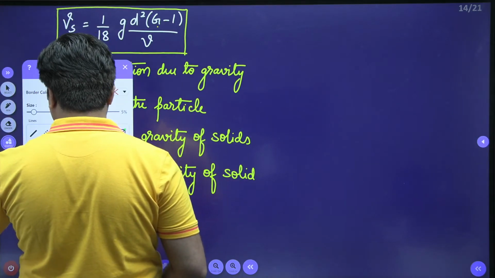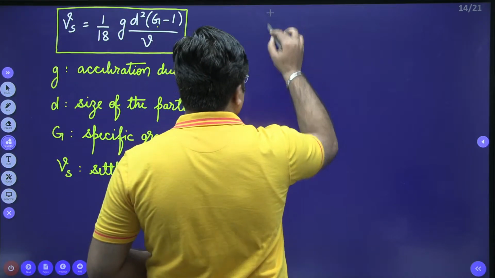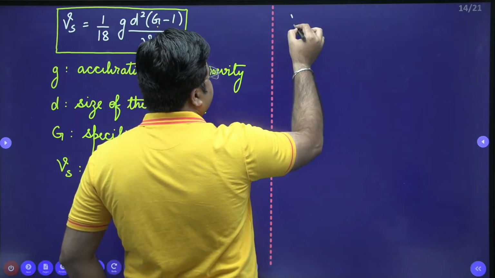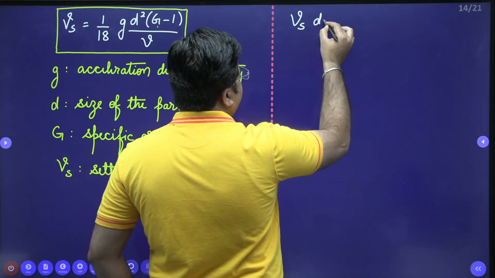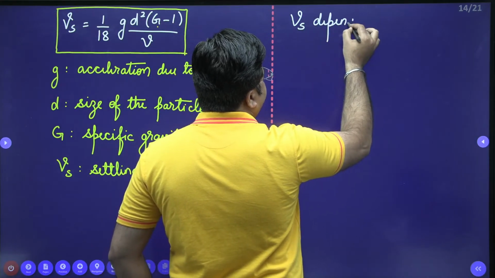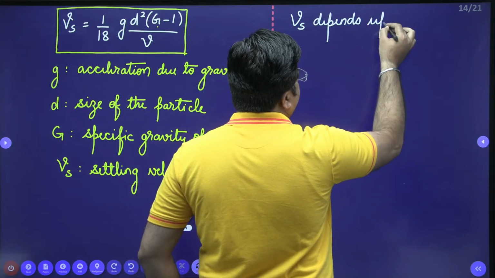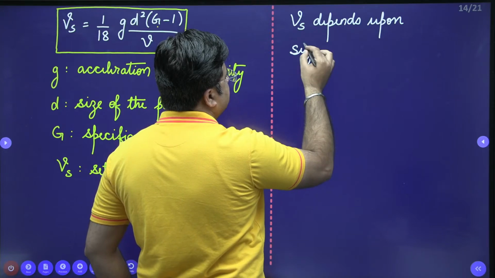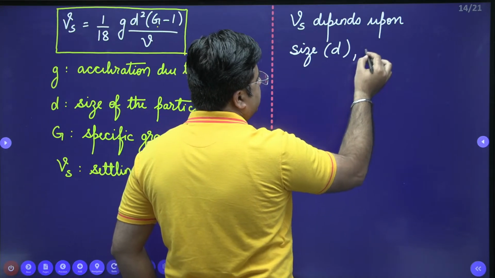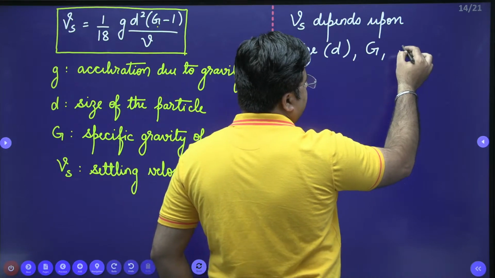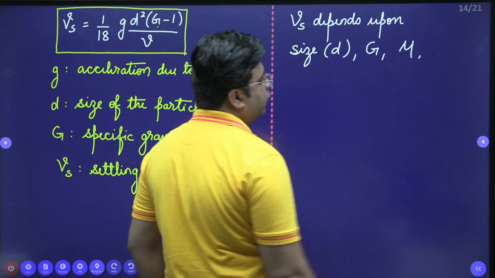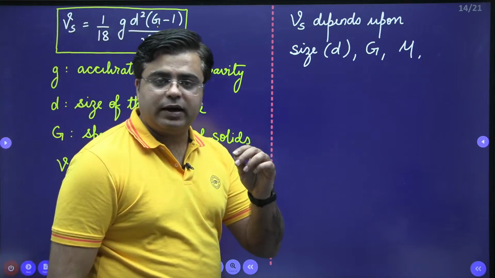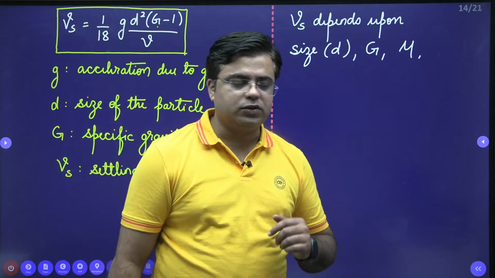Settling velocity Vs depends upon size of the particle, specific gravity of the particle, and viscosity of fluid, mu. So these are the three factors which can affect the settling velocity of the solids.